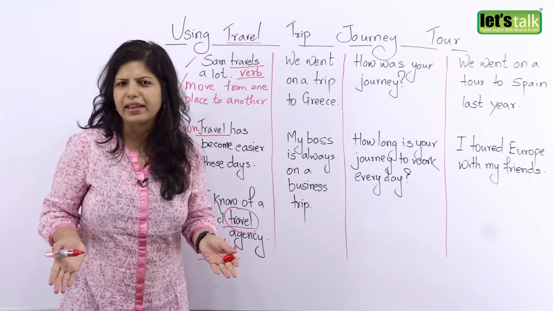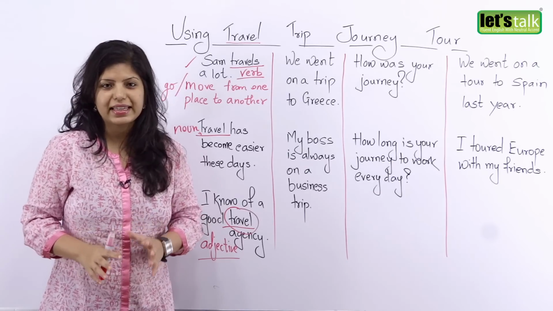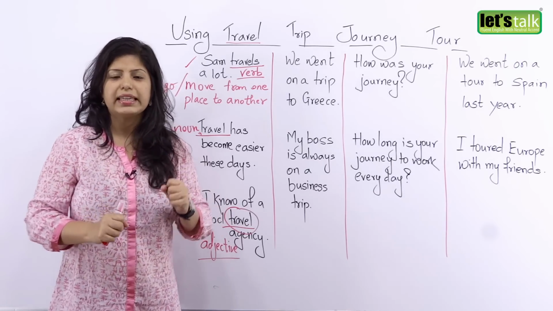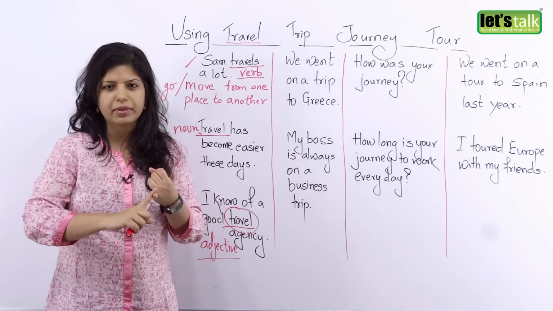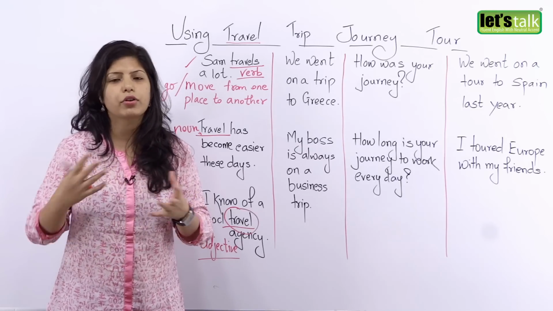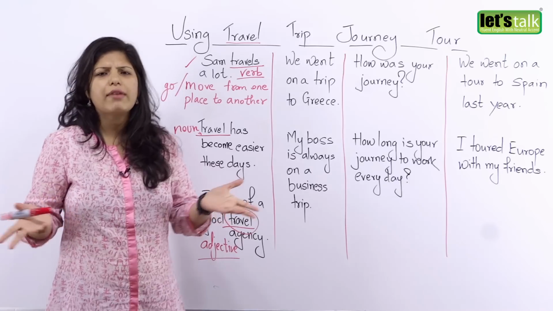So what is a trip then, you'll say? Well, a trip basically is just a short journey. All right, it's a very short journey. It could either be for business, like if you are a working person, you have to meet clients maybe across cities, or if you're a business person, or you may just travel for pleasure.